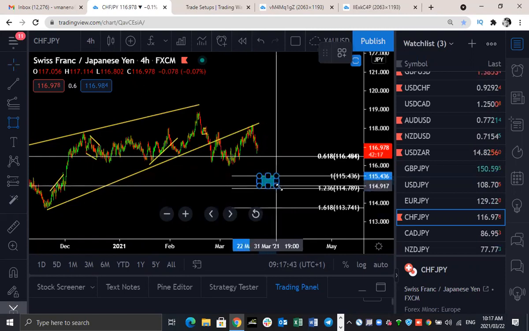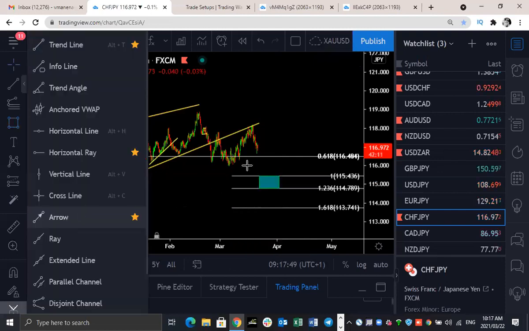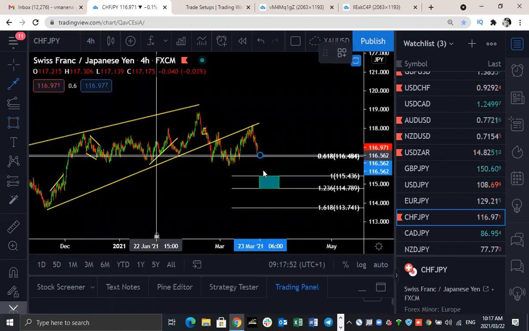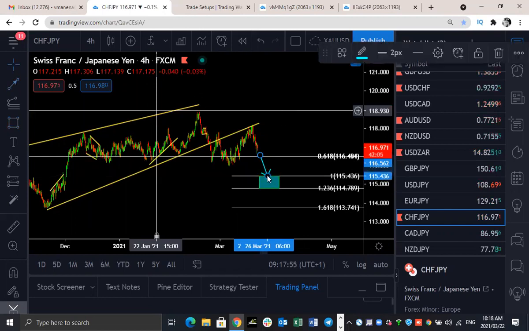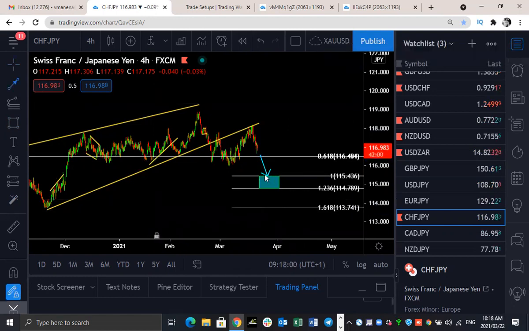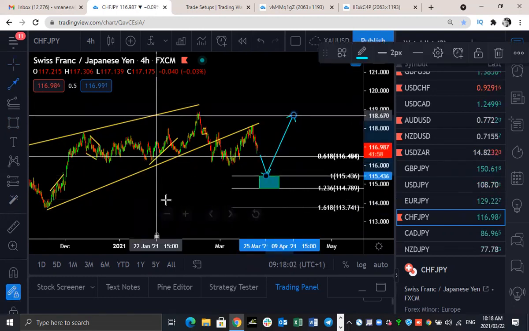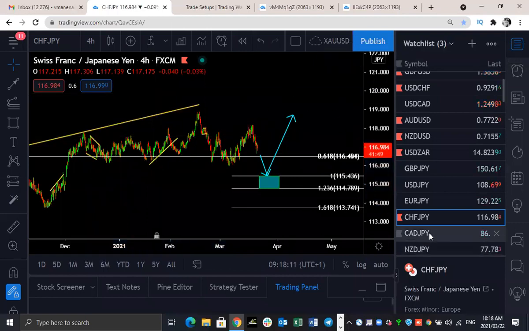That is where we expect any form of reversal there on Chief Yen. That's the expectation there. Let's take this off. Right, so that is Chief Yen, and that's what we're expecting.